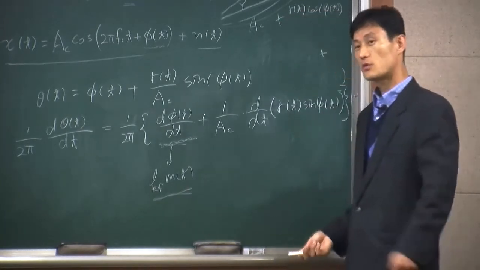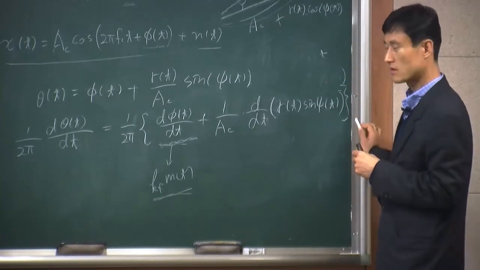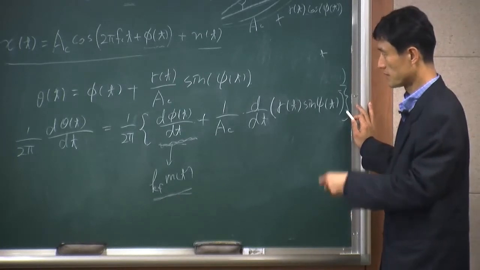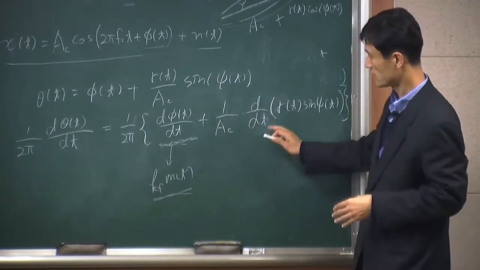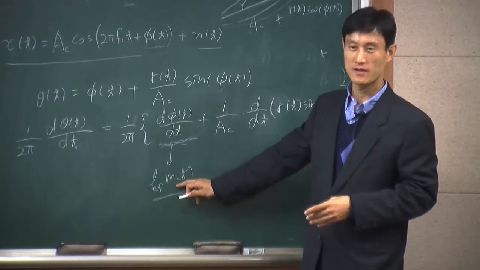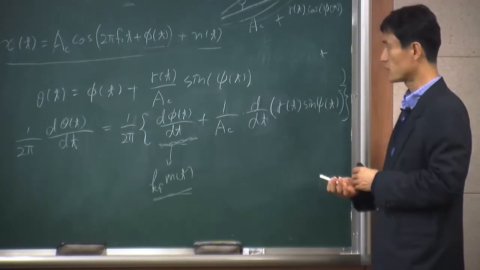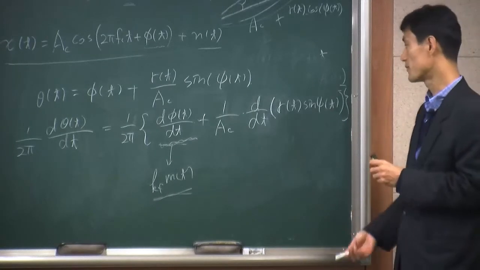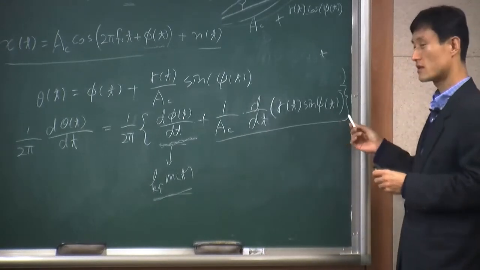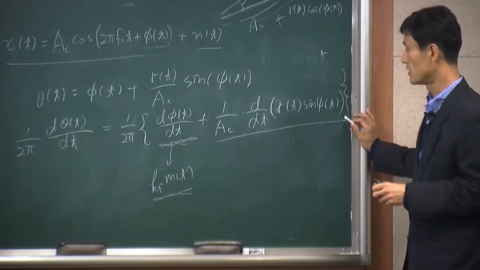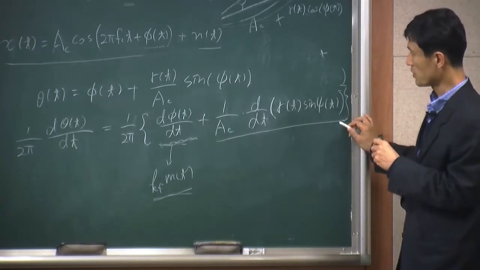This is the recovered message from the FM. So if there is no noise, then we're going to get this one once you take the time derivative. However, now we have a noise term, which is this.